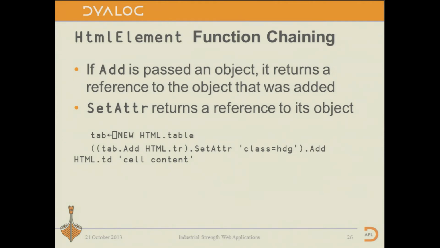Add passes a reference to the thing that I've added, so I'm now doing a setAttr on the table row, giving it a class of HDG, and then I'm adding to the tr element a TB element, which is a table cell, and specifying the content of that. Again, it gives you a powerful syntax for concisely specifying your HTML content.